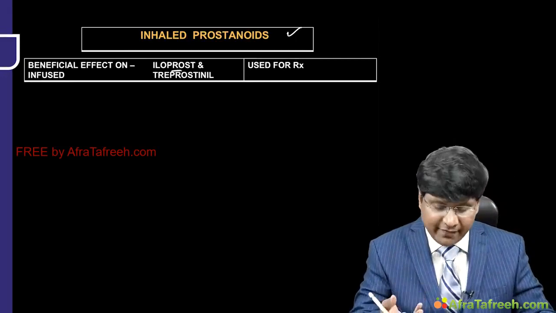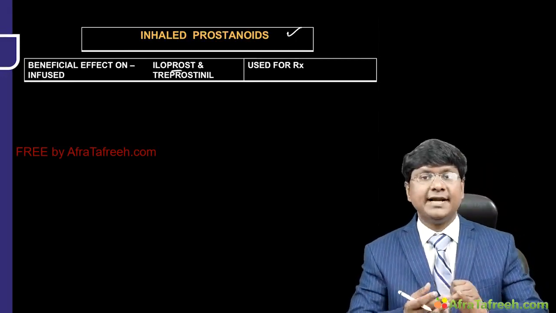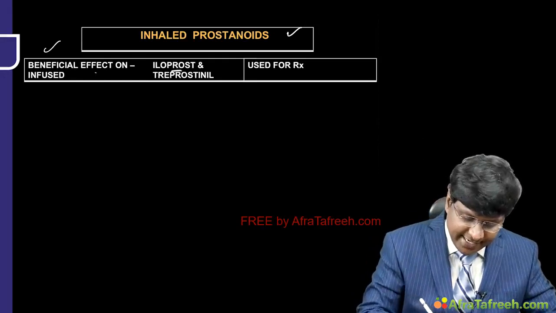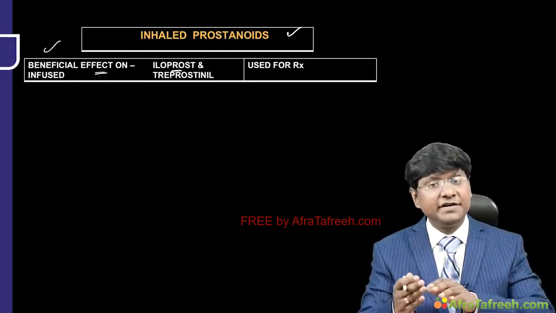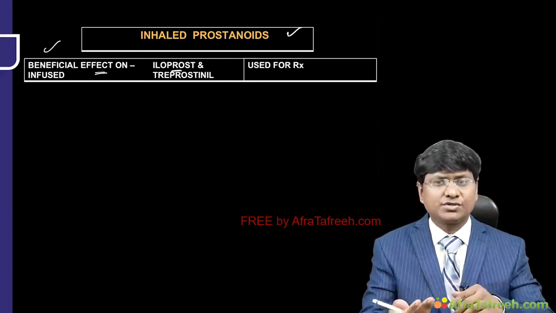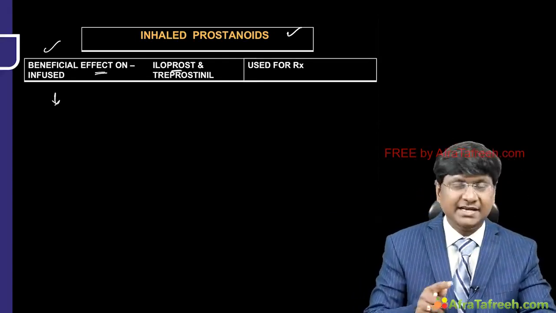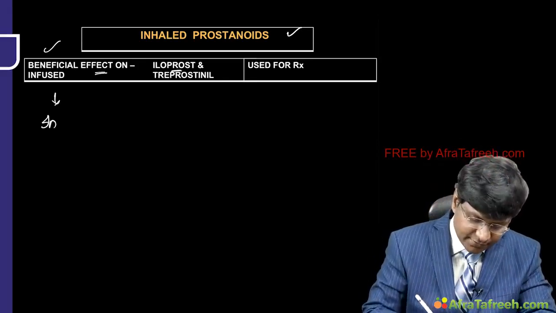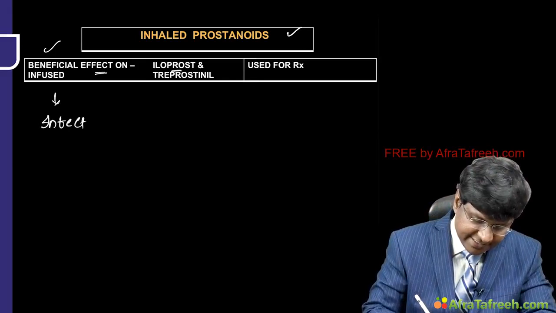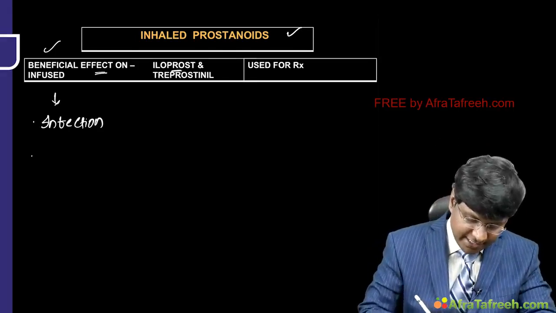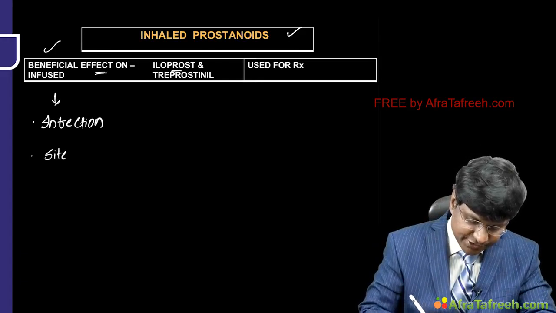Now what is the advantage of iloprost as well as treprostinil? The inhaled form has a beneficial effect over the infused forms. What are those beneficial effects? In the infused forms, there is a chance of infection at the IV site, right? Number 2, there can be infusion site reactions.